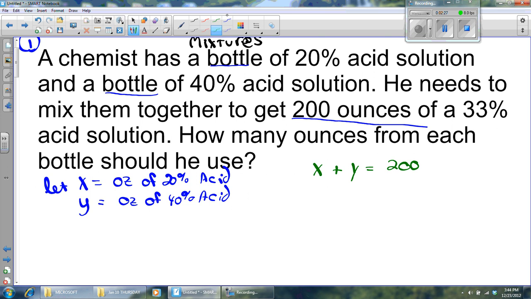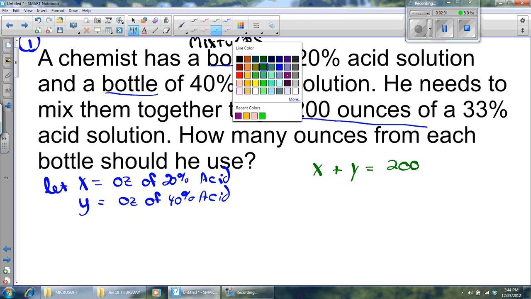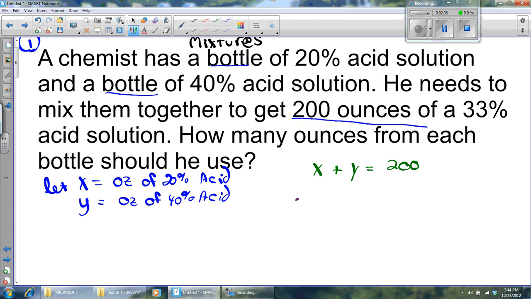The x bottle is 20% acid, right? So I'm going to take the ounces and go 0.20 times x. The y bottle is 40% acid, right? So I'm going to go 0.40y. I went decimal times ounces, decimal times ounces.